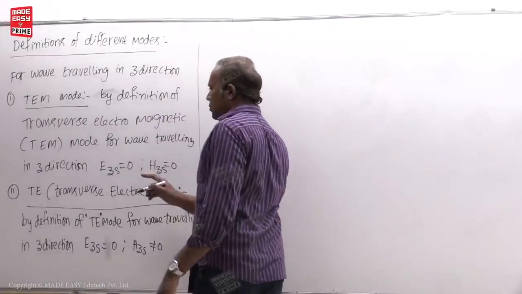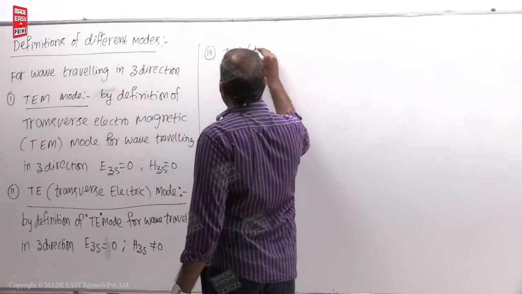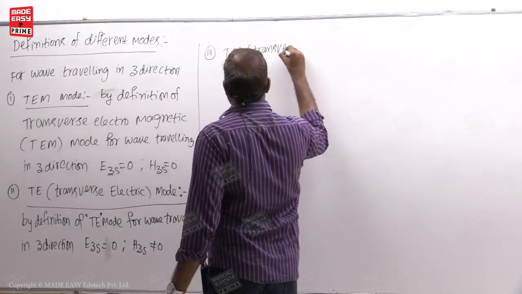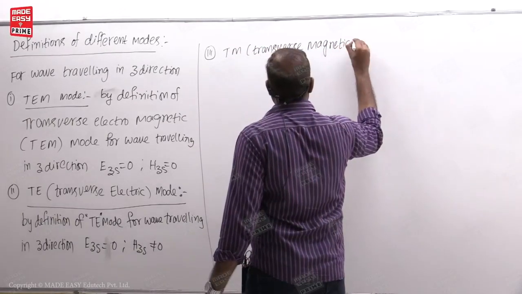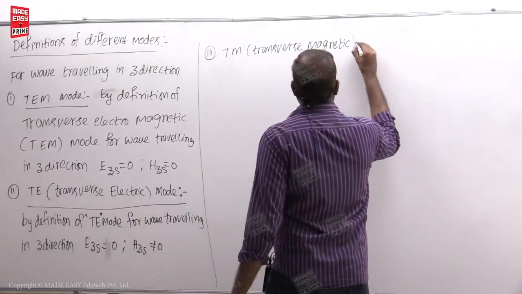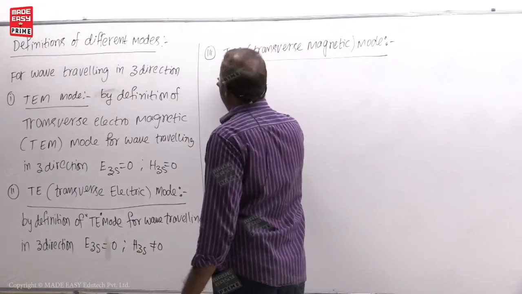Now, these are all definitions, students. Third definition, TM, that means transverse magnetic mode.